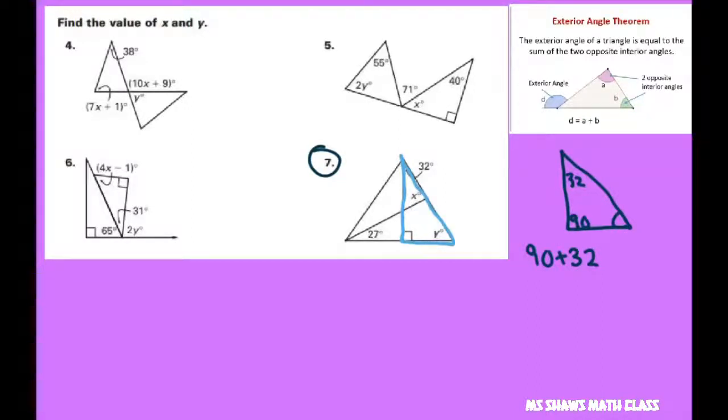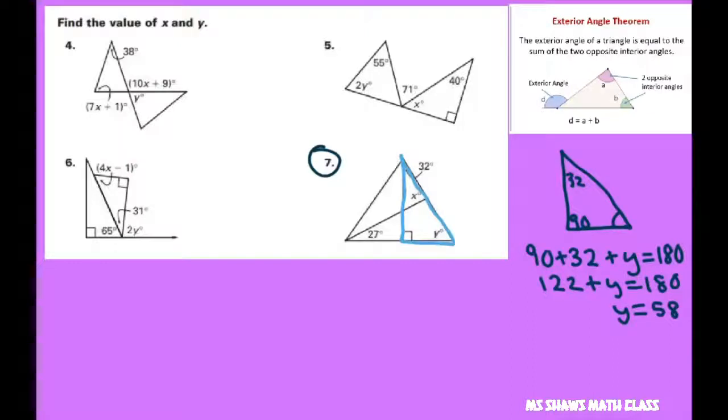We're trying to find our y. So 90 plus 32 plus y equals 180. 90 plus 32 equals 122. You subtract 122 from both sides, and you get 58. So y is 58.